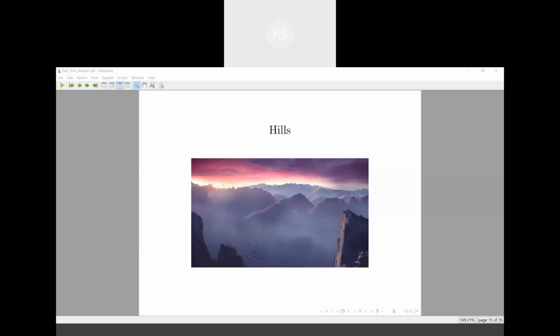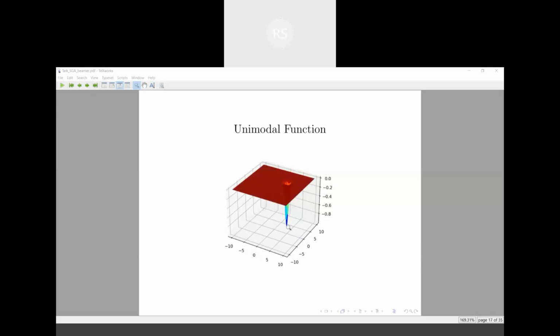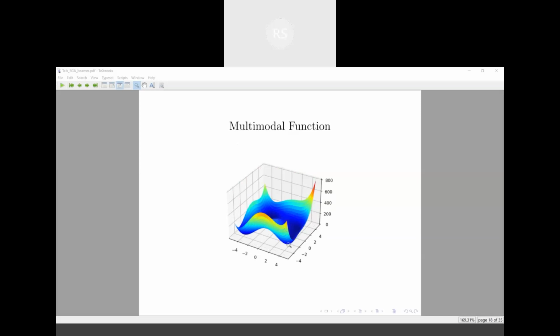So this point seems to be lower actually, but if you see here, there will definitely be a minimum point which will be better than this point. Here you have got only one minimum, right? This is called unimodal. Now, here you can see one minimum here, maybe one here, one here.